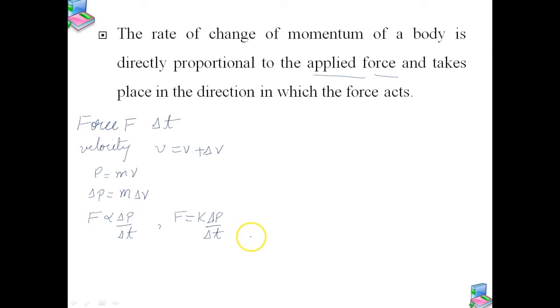Taking the limit as delta t tends to 0, the term delta p by delta t becomes the derivative of p with respect to t, which we represent as dp by dt.